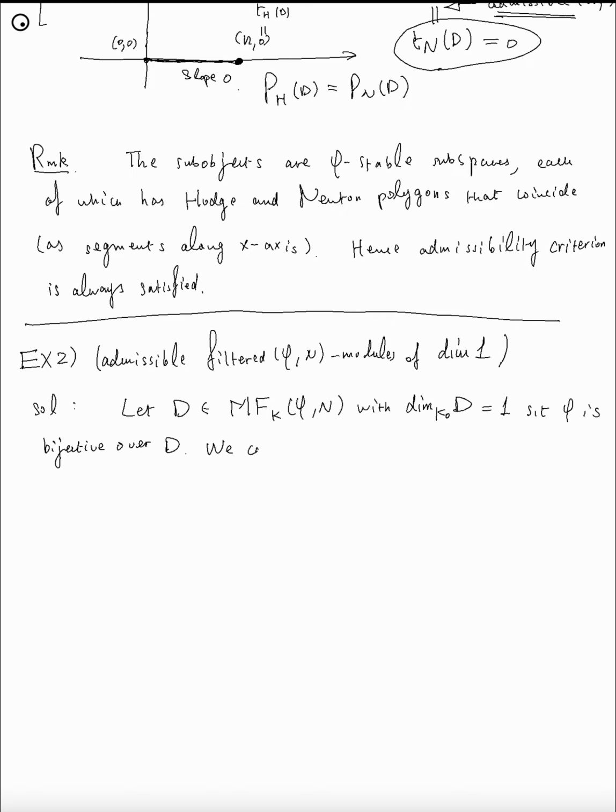Then we can write D equals K0 spanned by some d. And then we look at how Frobenius acts on this basis element.